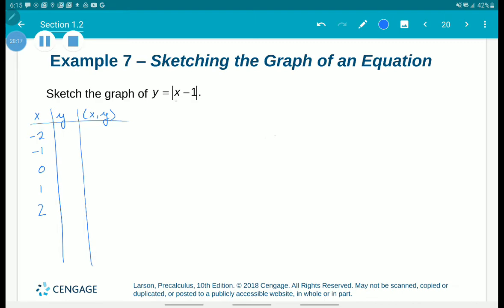If we plug in negative 2, we would have y equals the absolute value of negative 2 minus 1. So that's the absolute value of negative 3, which is 3. So our point is negative 2, 3. If we substitute in negative 1, minus 1 is the absolute value of negative 2, which is 2.